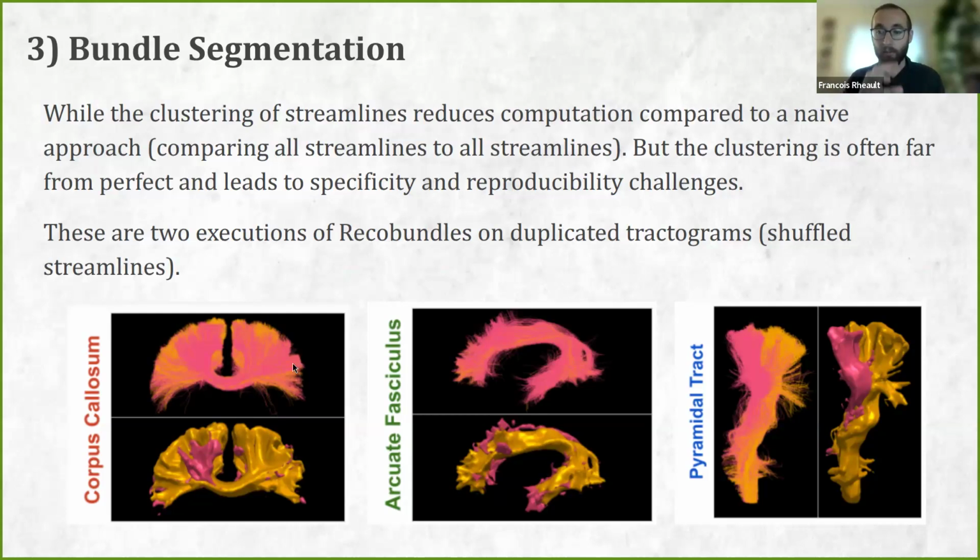I ran the algorithm twice on the exact same streamlines, except I shuffled them. If the algorithm was perfect, you would see only one color here because you would get the same segmentation twice. Here we see some orange and some pink, meaning that the segmentation gave two different results and they did not overlap perfectly. There is some problem there.